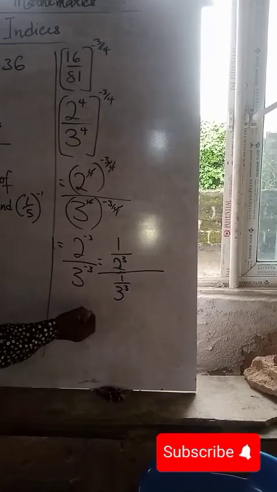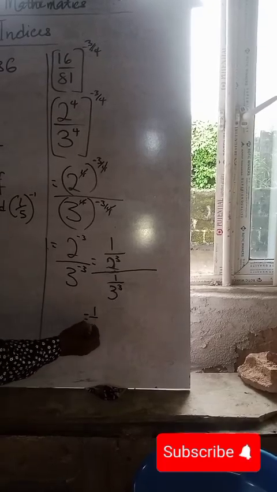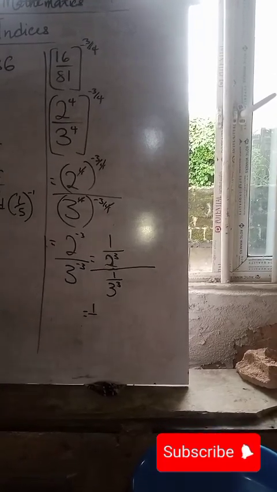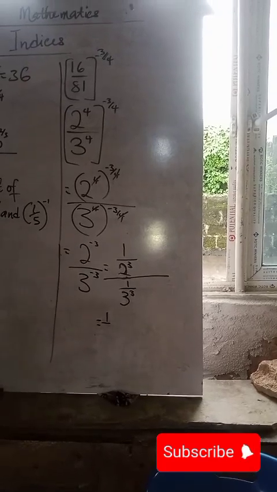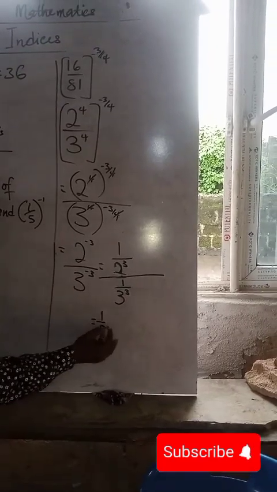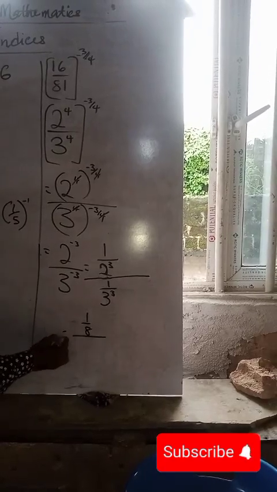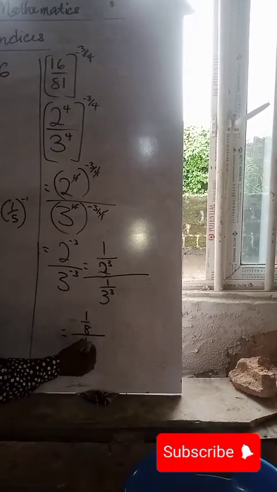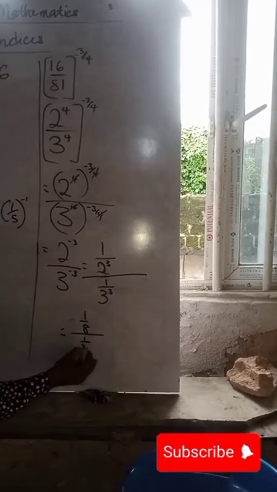Do you know that this simply means 1 over 2 raised to the power of 3? What is 2 raised to the power of 3, class? Which is 2 times 2 times 2, which will give us 8. We have 8 divided by 1 over 3 raised to the power of 3, which is 27.